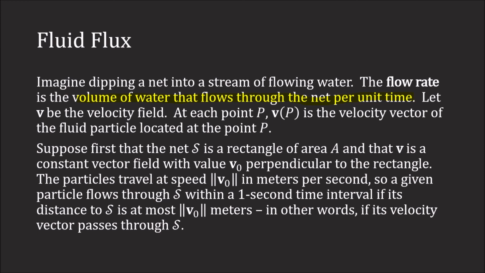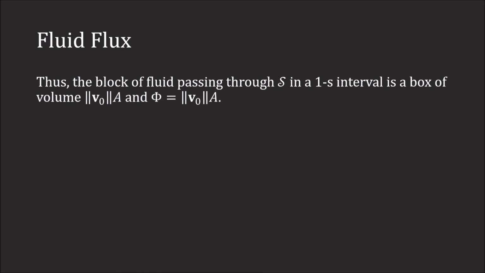In other words, if its velocity vector passes through S. Thus, the block of fluid passing through S in a 1 second interval is a box of volume norm of V naught times A, and the flux is the norm of V naught times A.